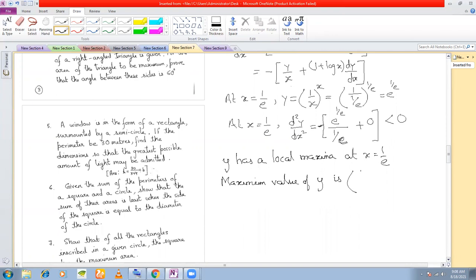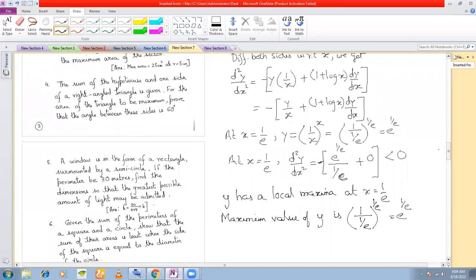Put the value of 1 by x, which is 1 by e, to the power of 1 by e, which will give you e to the power of 1 by e. And that is the maximum value. Okay, so that should be it for this problem.